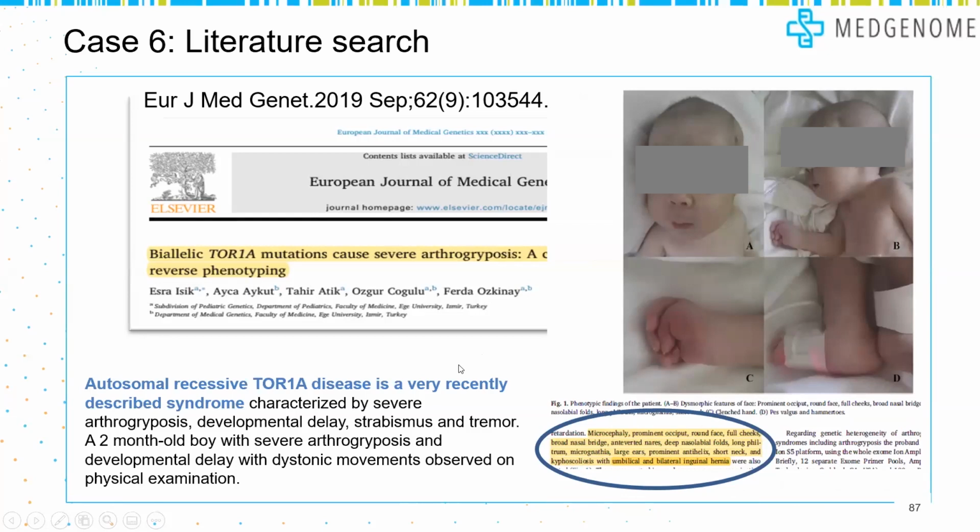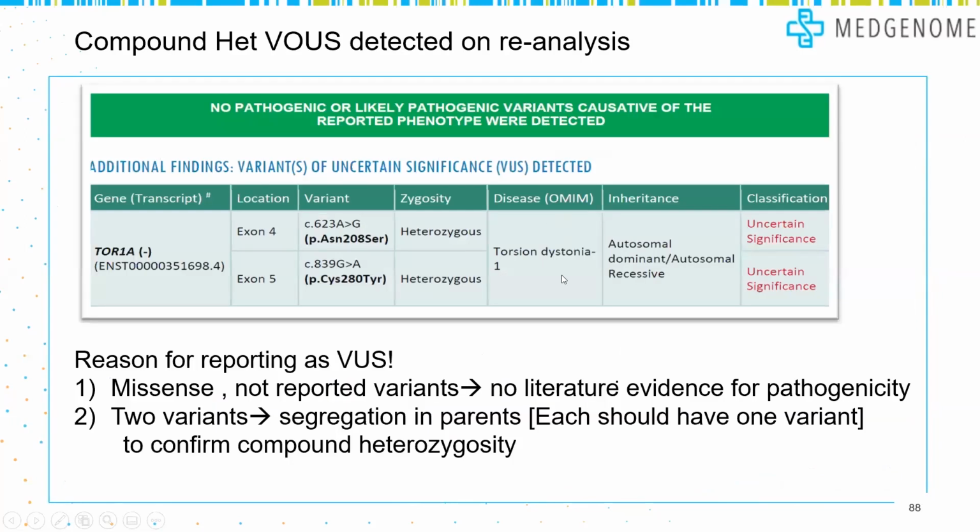So it's very interesting to know that what we have found is confirming something reported in literature. So it is not only autosomal dominant, but it should probably also now be referred to as an autosomal recessive inheritance pattern.